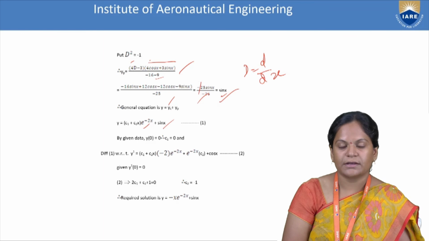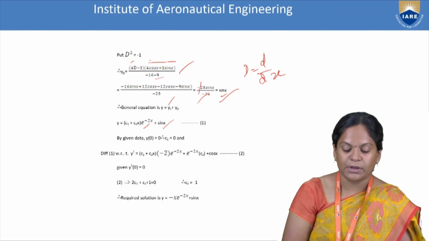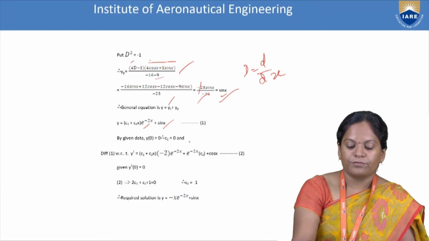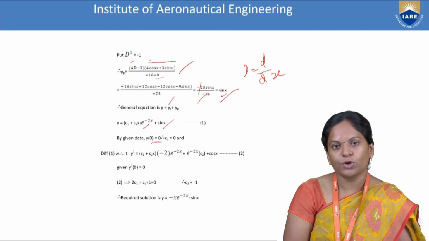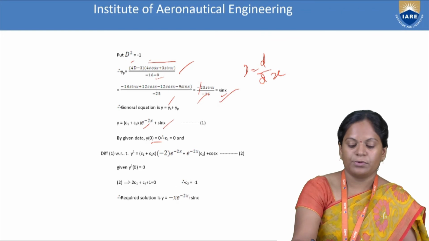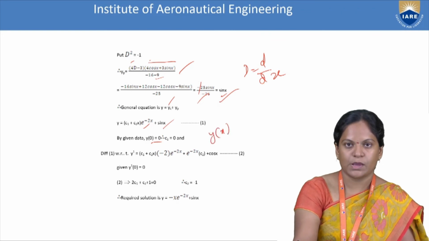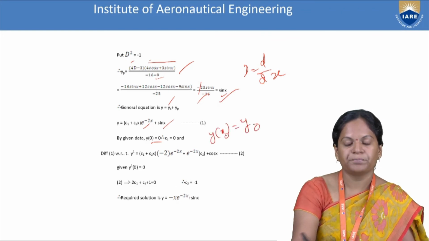What are the initial conditions? y dash of 0 equal to 0, and y of 0 equal to 0. What is the meaning of y of 0 equal to 0? You can compare this with the form y of x naught equal to y naught.